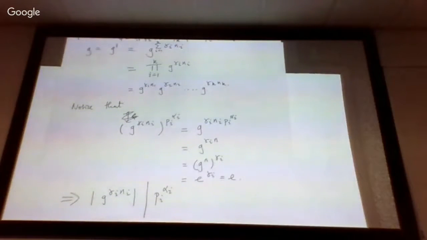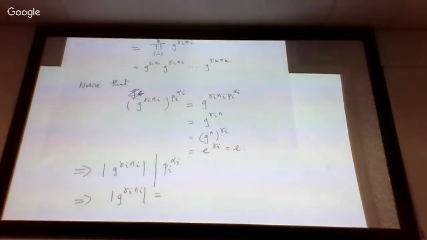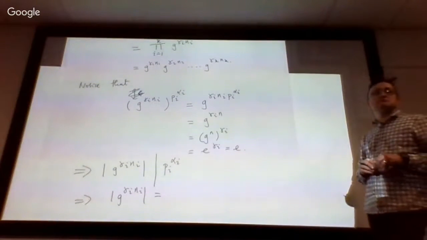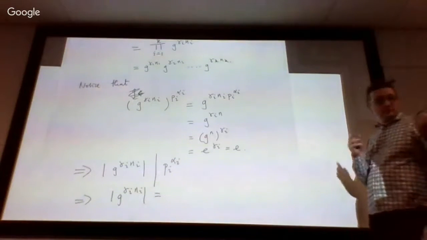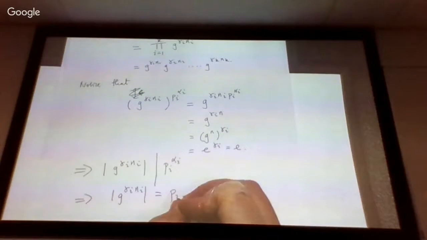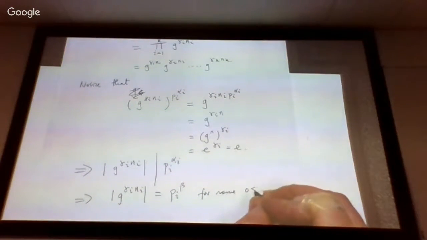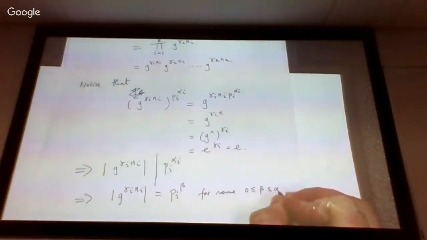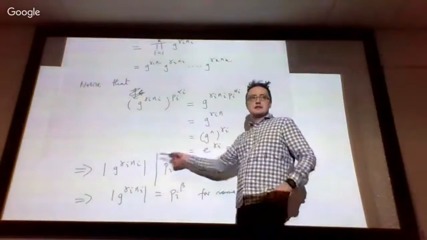So that means it's equal to, what are the divisors of p_i to the alpha_i? p_i to various powers. So it's p_i to the beta for some beta. It can't be any bigger than alpha_i because it has to divide it.